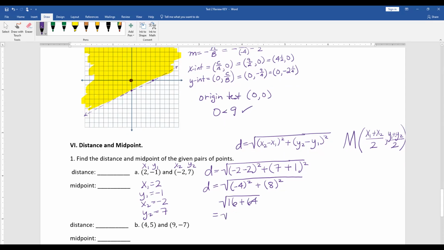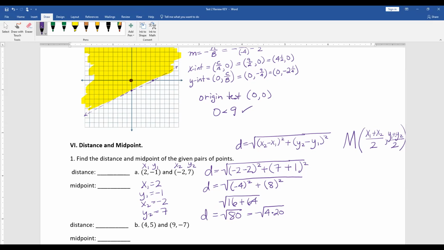Square root of 80. I'm just going to leave it there. The only thing you could do is see that 80 is 4 times 20, and 4 is a perfect square.